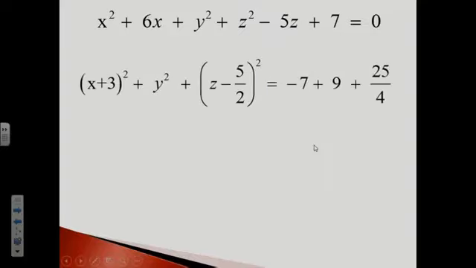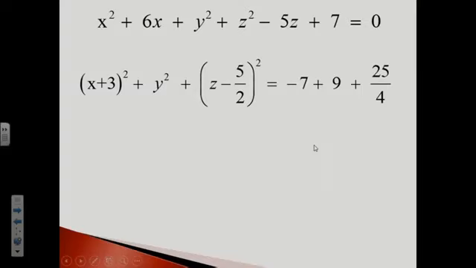By completing the square in both variables x and z, we have (x plus 3) squared plus y squared plus (z minus 5 halves) squared equals minus 7 plus 9 plus 25 fourths.